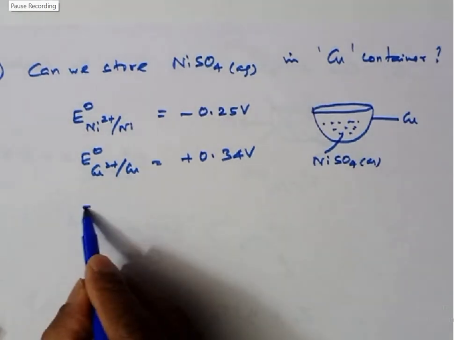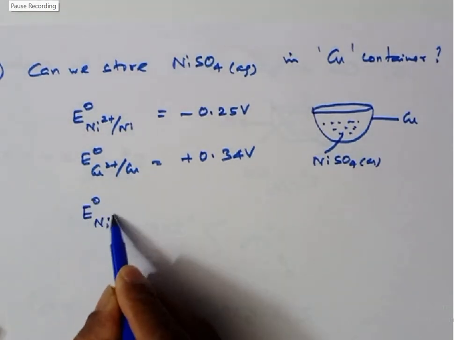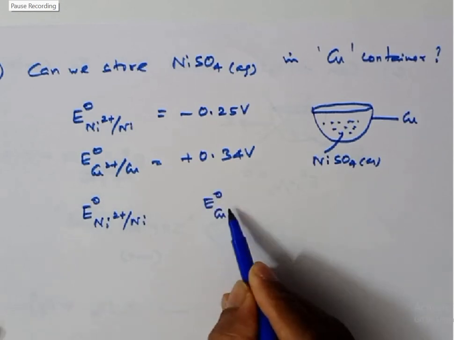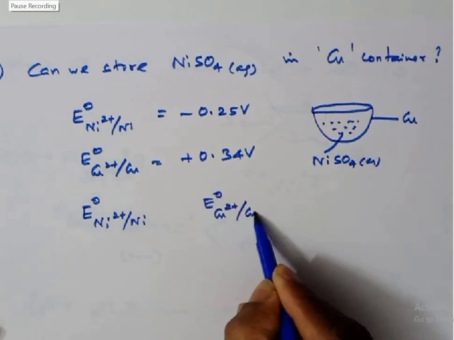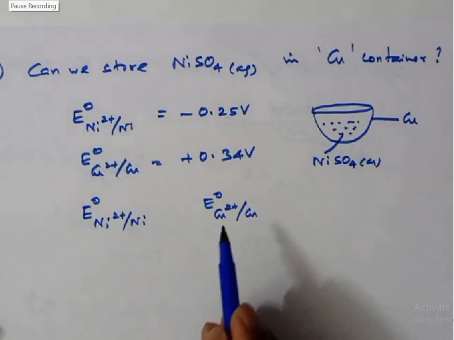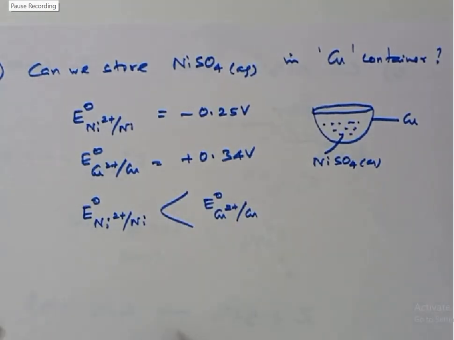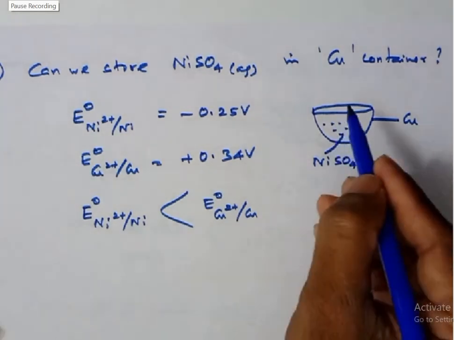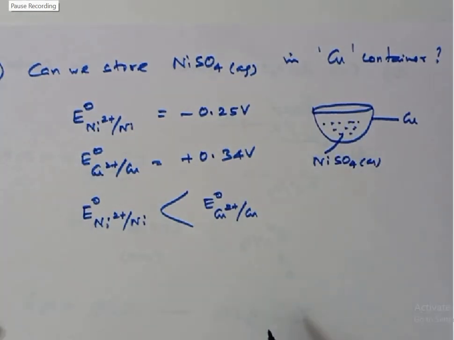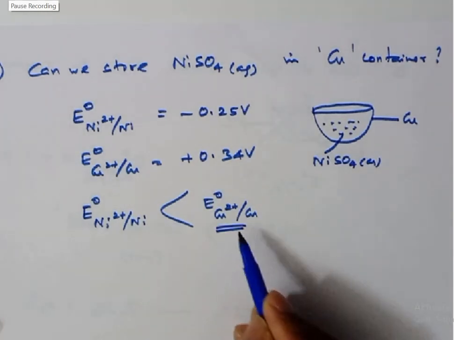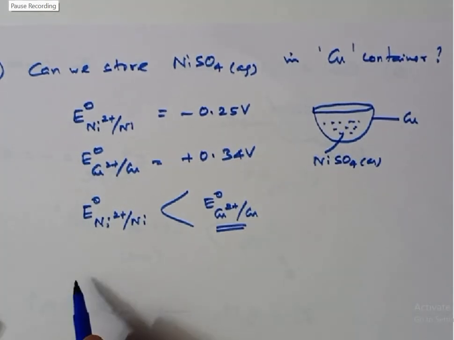Yes, sir. The standard reduction potential for nickel and for copper, you just see. Here the standard reduction potential for copper is greater. Therefore you can store this. Why? Because the standard reduction potential for the metal is high.